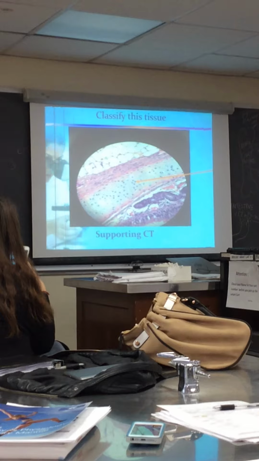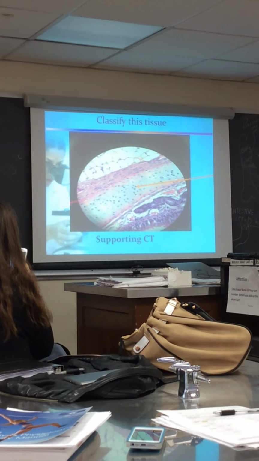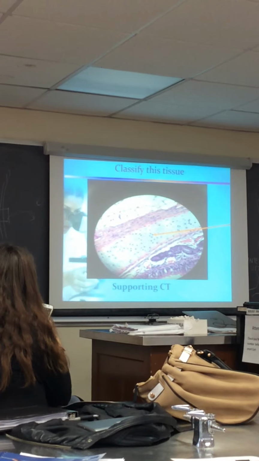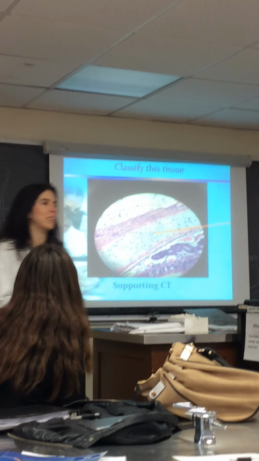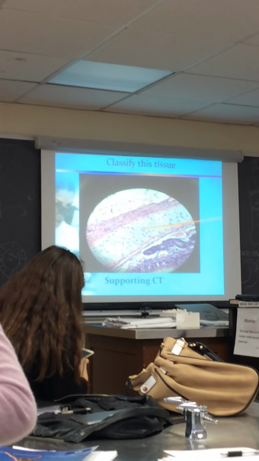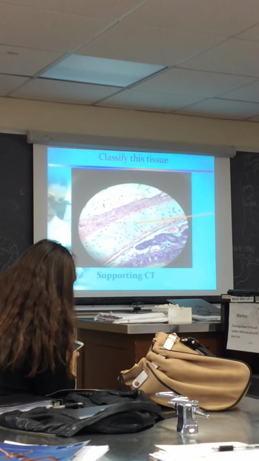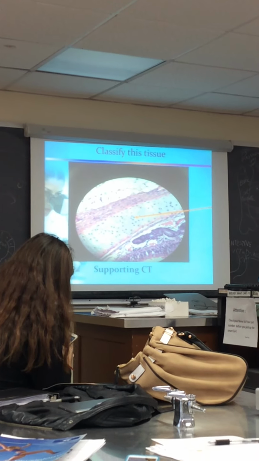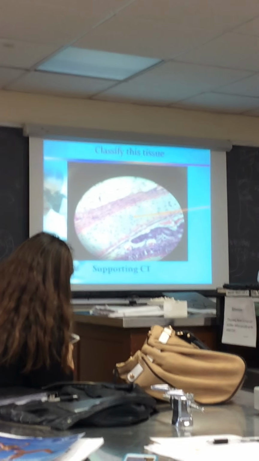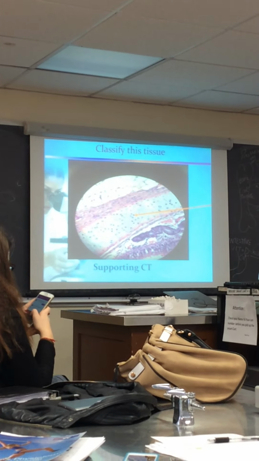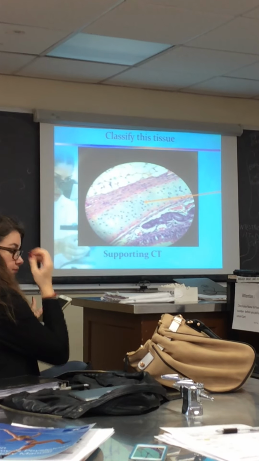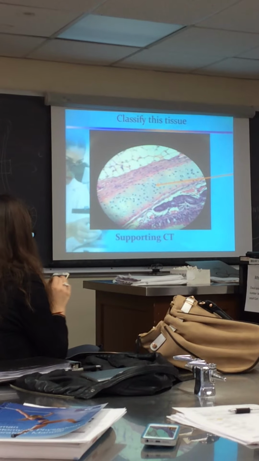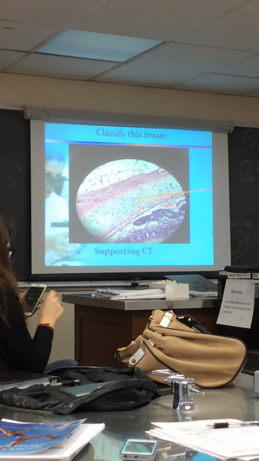Let me go back to this slide. So besides this tissue that is hyaline cartilage, which other tissues do you see here? Who wants to show me? So we have mentioned two.